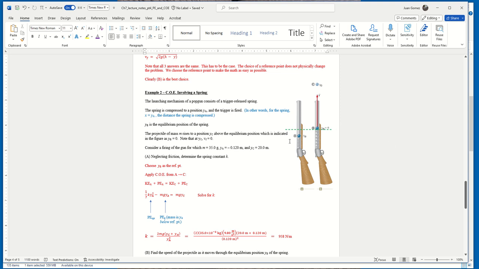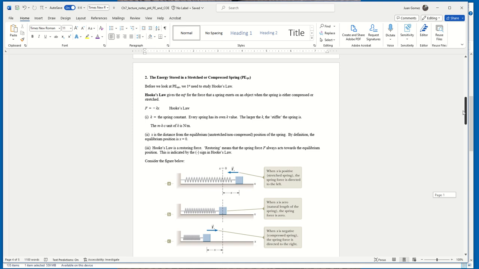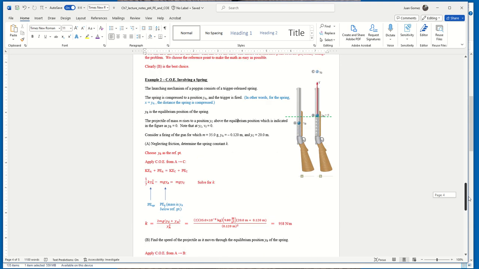And so what happens is, in this case, don't get thrown off. Instead of using X for the spring, we're going to use Y, simply because here the spring is arranged vertically, not horizontally.